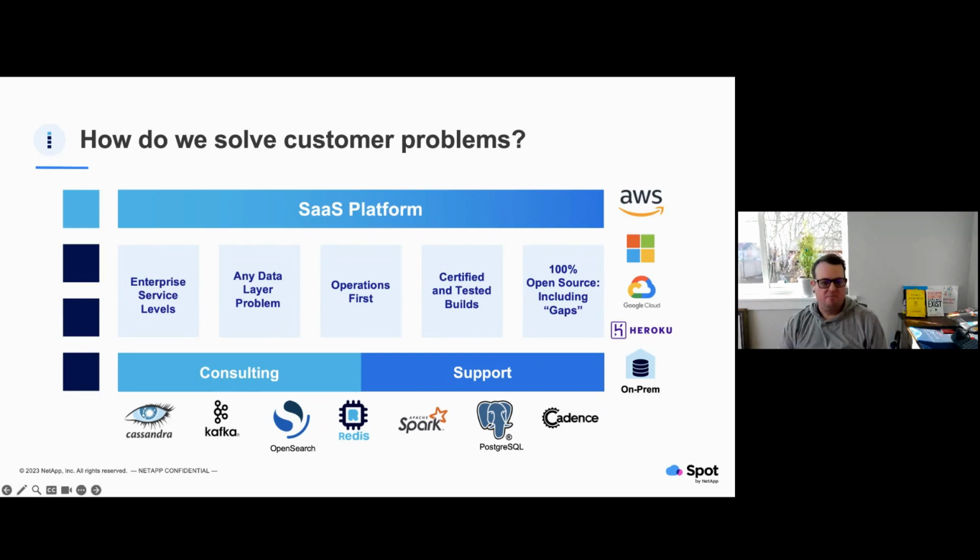Any data layer problem, we ensure that your operations are up to date and working, and work as a trusted partner. And we do certified and tested builds of these products on managed infrastructure.